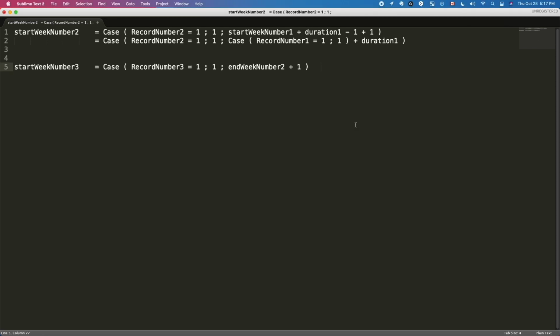Starting with the original formula of start week number 3. Now let's replace end week number 2 with its own formula. End week number 2 is equal to start week number 2 plus duration 2 minus 1. So let's replace end week number 2 in the original formula with that.